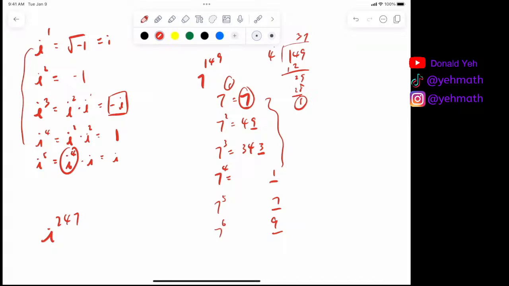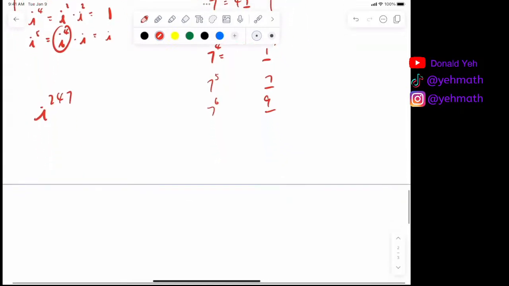No, not 3. Jake? Negative i? Why is it negative i? Does everybody agree with negative i? Okay, Andrew says it, McKenna says yes. Okay, I believe you guys.